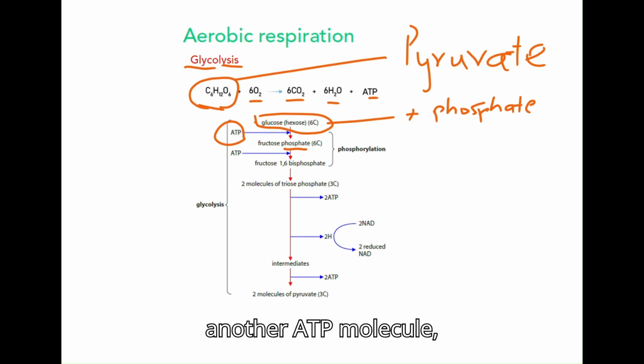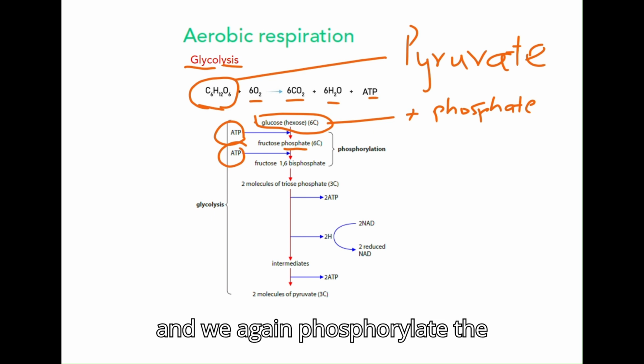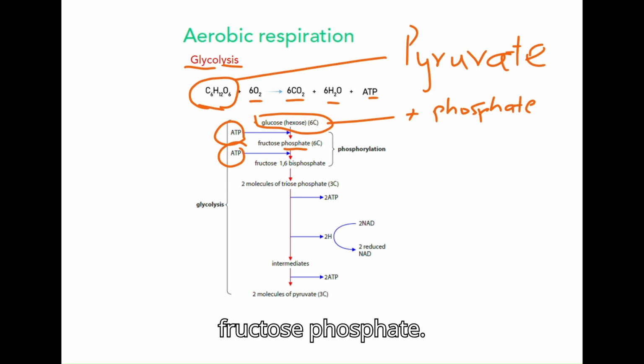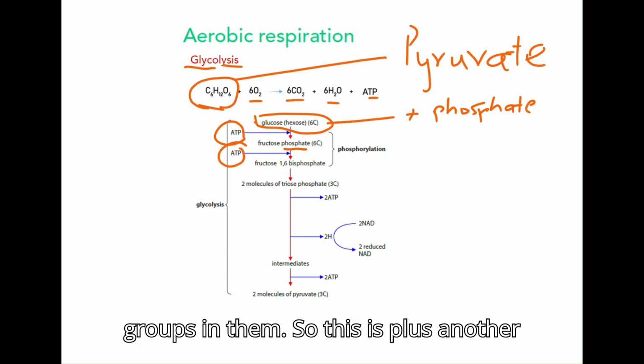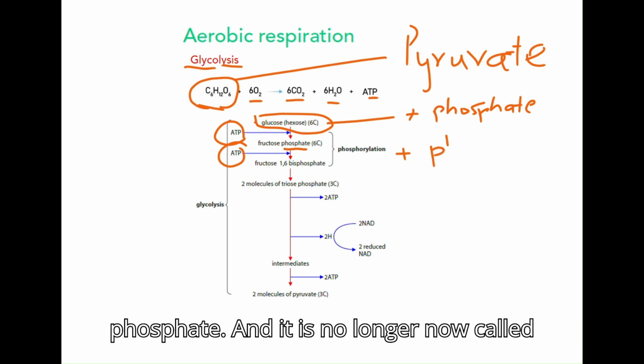And then we get another ATP molecule, and we again phosphorylate the fructose phosphate. And now the fructose phosphate will have 2 phosphate groups in it. So this is plus another phosphate.